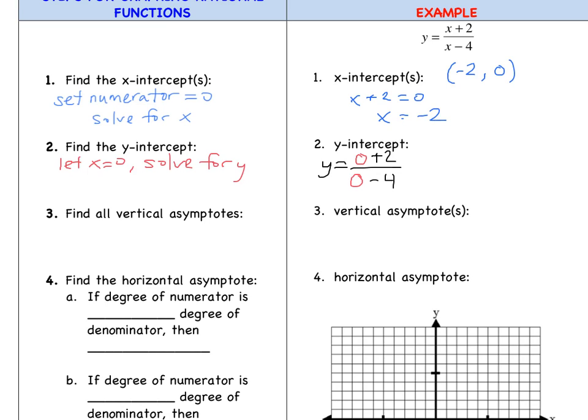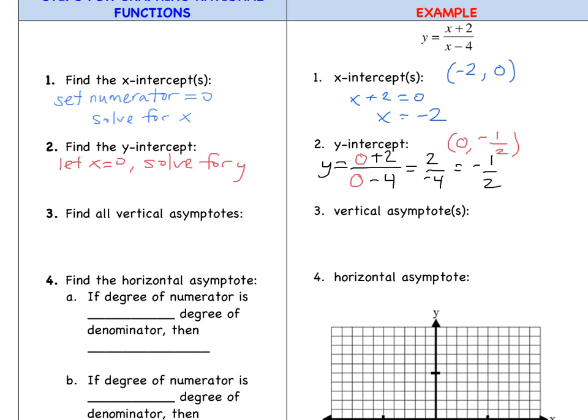When we simplify this, we get 2 over negative 4, which is simply negative 1/2. So our y-intercept as an ordered pair: when x equals 0, y is equal to negative 1/2.